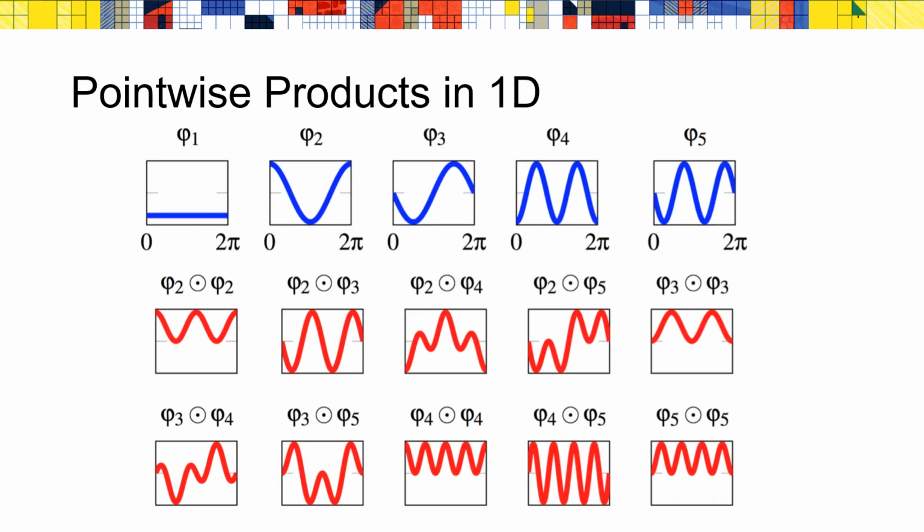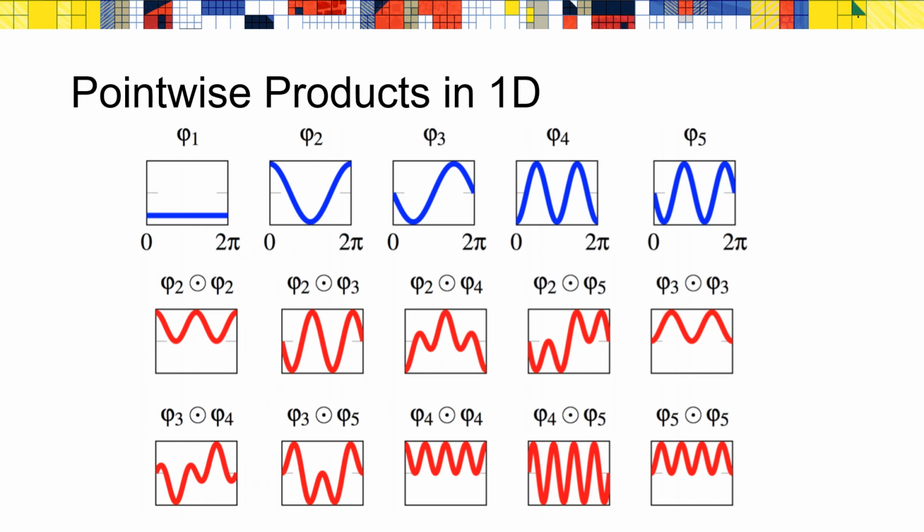But let's see in the simple 1D domain what this pointwise product means. If we consider the Fourier basis of this periodic interval 0 to pi, the first row shows the first 5 Fourier basis functions, and on the second and third rows you can see the pointwise product of some of these functions.